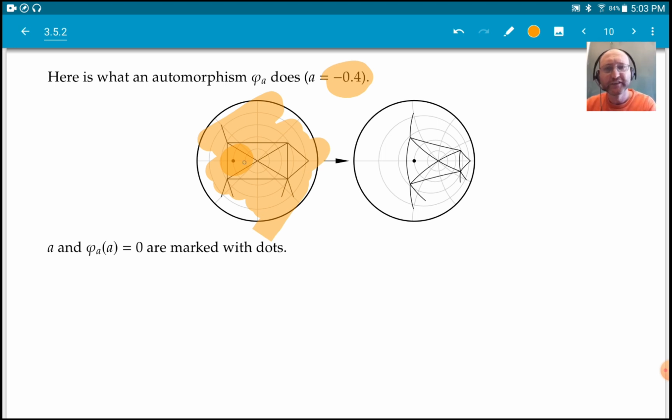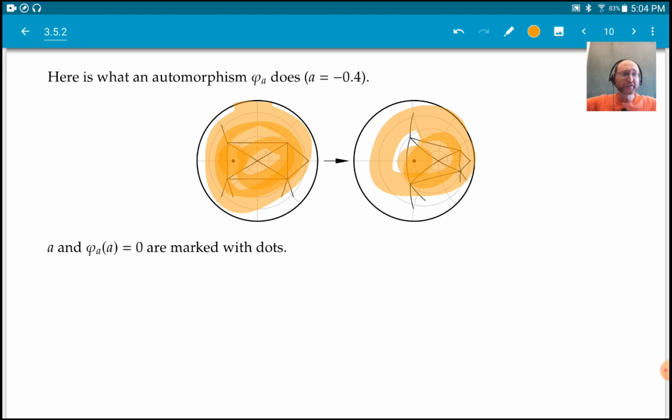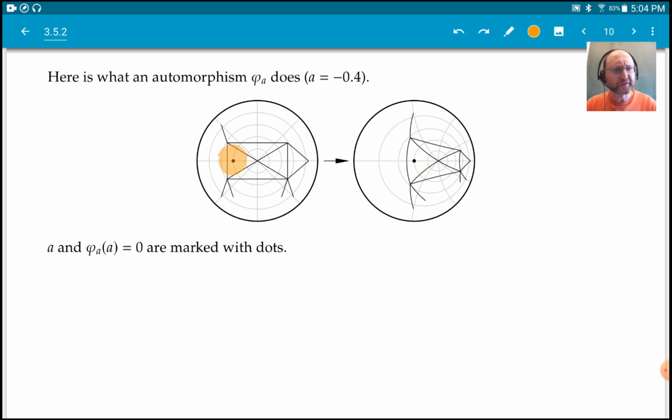A is the negative point in the disk, right over here, and that goes to 0. All of these circles still go to circles, because this is a linear fractional transformation, and we saw that it takes circles to circles. Straight lines go to circles, or circles can also go to straight lines. A linear fractional transformation preserves the set of circles and straight lines. So this is what one of these guys does.